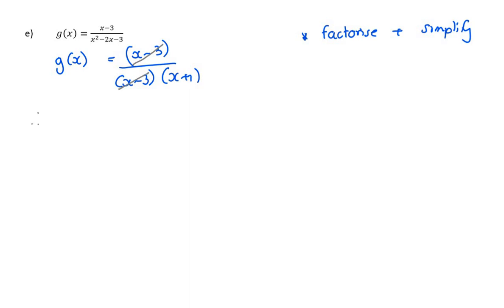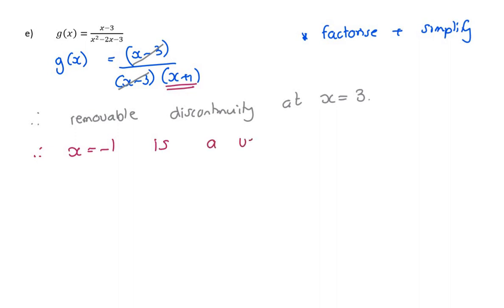So therefore, unless I've made a mistake here, I'm pretty sure there is a removable discontinuity at x is equal to 3. Great. So I still also have a problem at the bottom here, because x plus 1 means that x equal to minus 1 is a vertical asymptote.